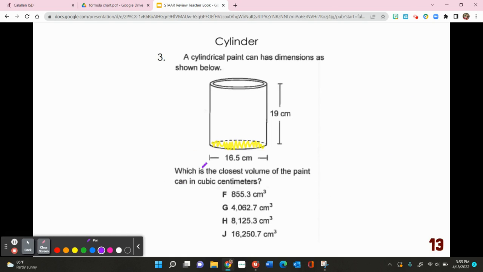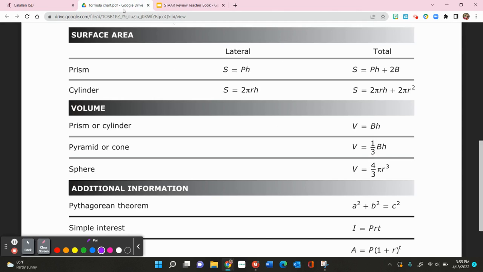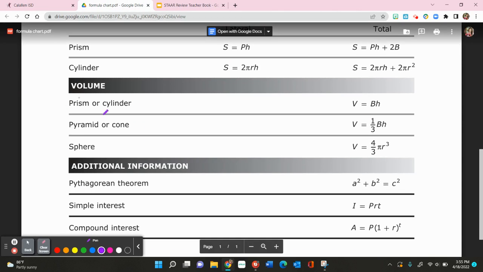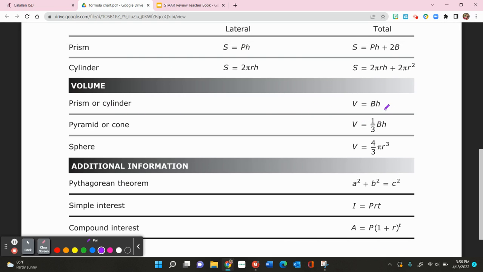So now that we have identified our base shape and we know we're finding the volume of a cylinder, we want to go to our formula chart and go down to the section for volume. And we see here that the formula for volume of a cylinder is V equals big B times H. So volume equals the area of our base times our height.